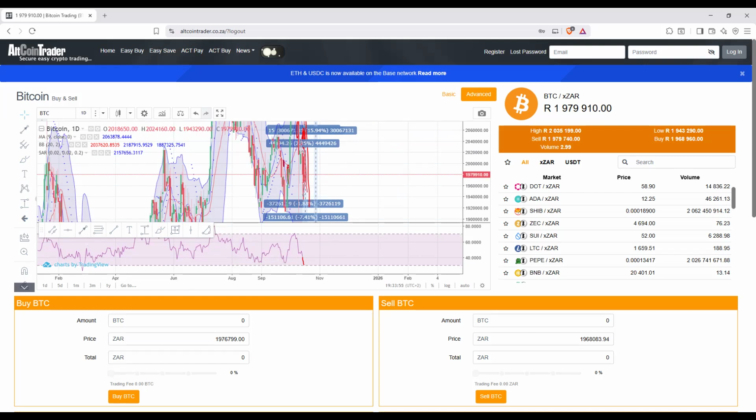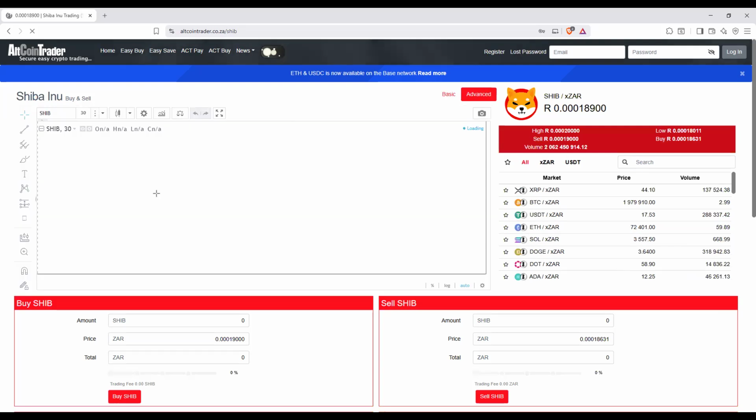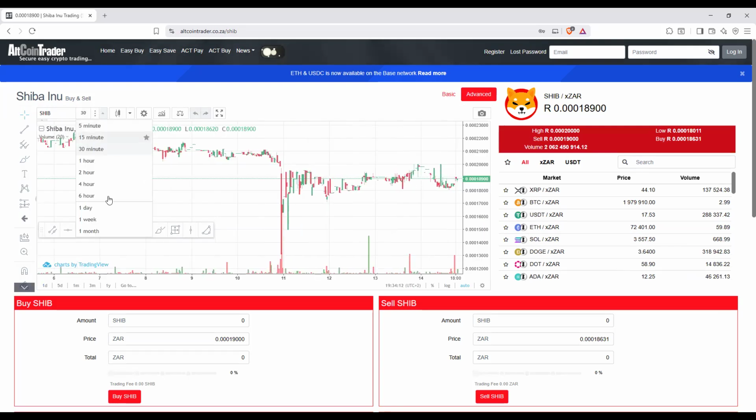And then I'm saying there's a big correction coming. We are going to be rather trading the cheaper coins that are already at their low point, that have already hit rock bottom, like Shiba, and can give us good returns on our capital.